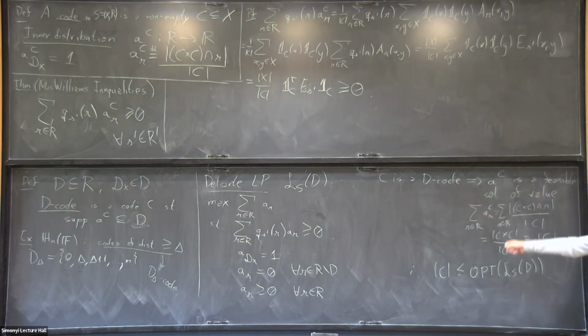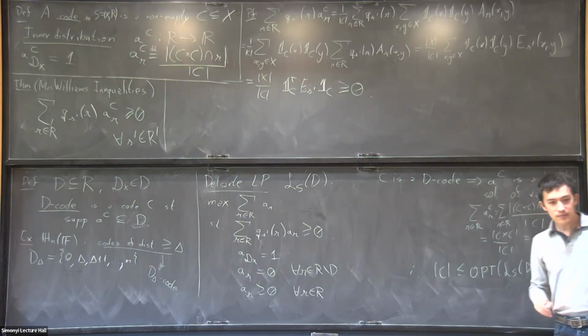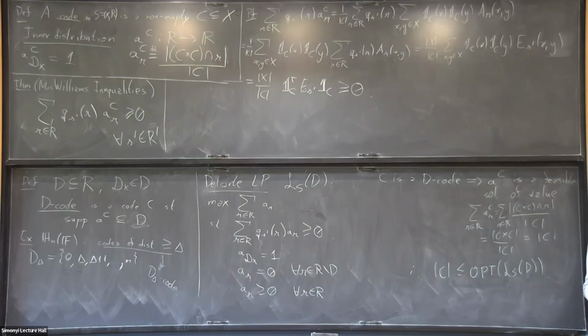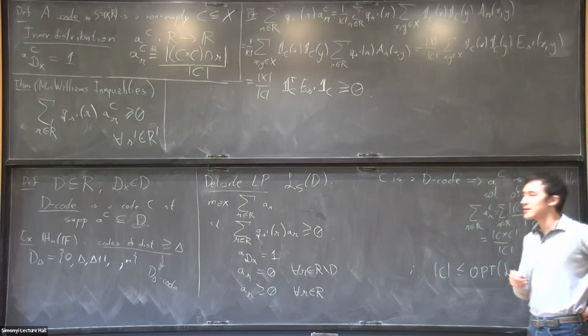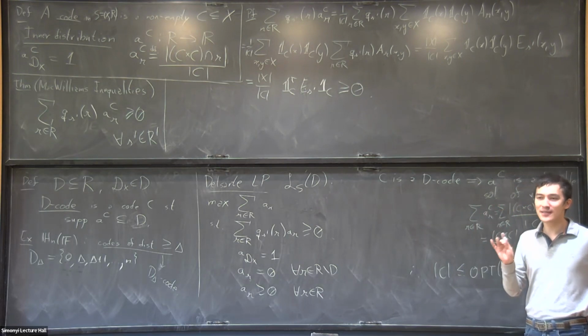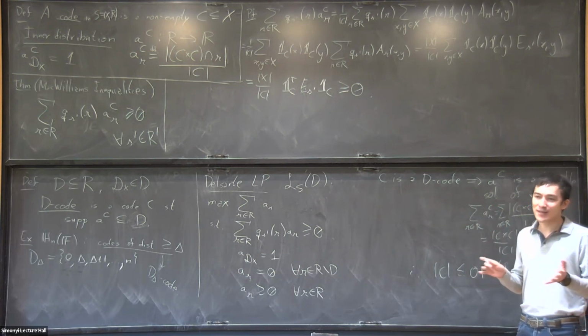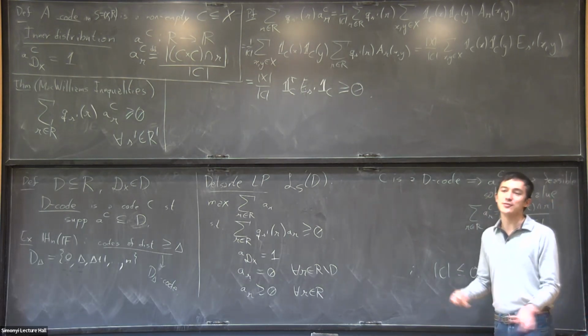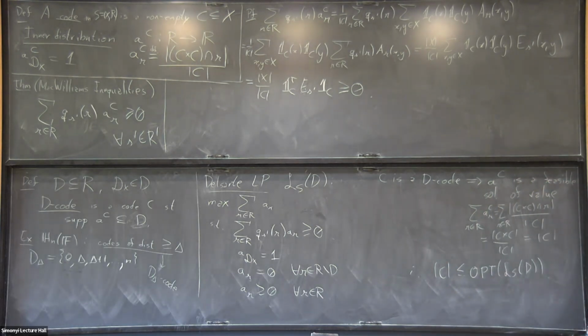What is the value of the feasible solution? The A_R's are not necessarily integers because there's a normalization. It's okay to think that they have some integrality, but you cannot really put that condition in the linear program. It's a relaxation because integer programming is hard.